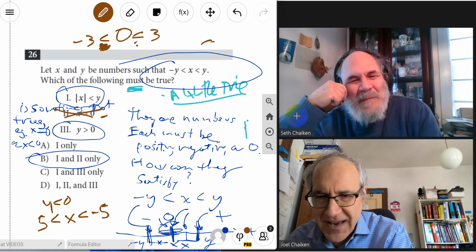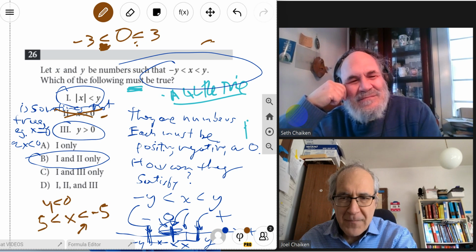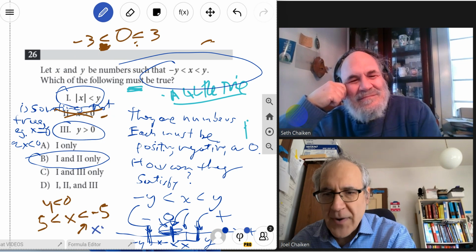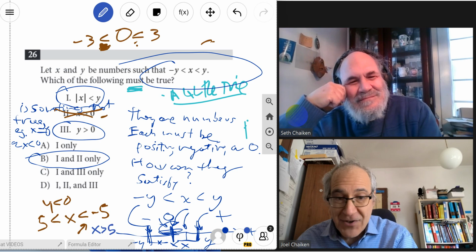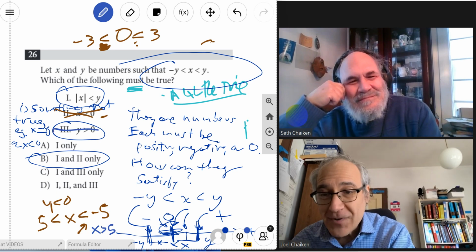Does this make sense? Can you have a number that's less than negative 5 and greater than 5 at the same time? No, it cannot. I would cross this out.